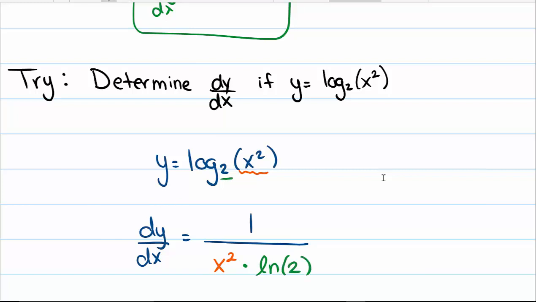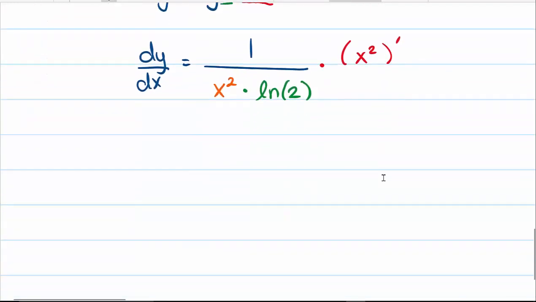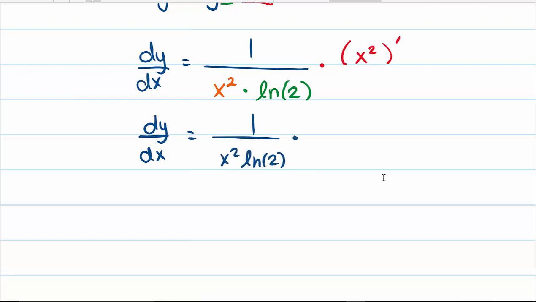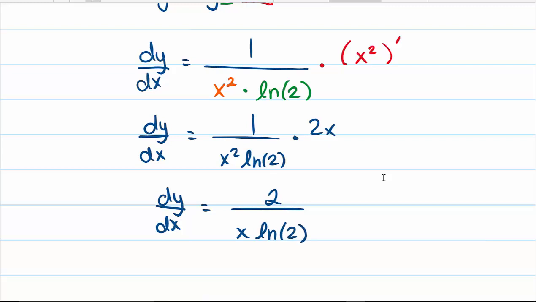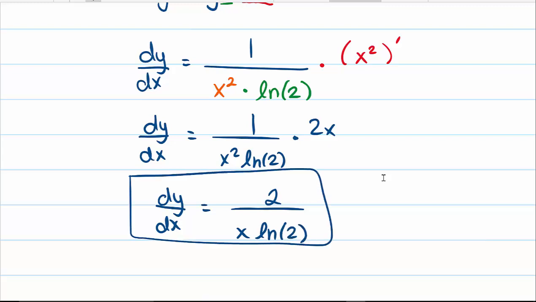But then we need to multiply it by the derivative of the inside piece. So we have to take the derivative of this. Well, that becomes a relatively easy problem. We're going to get 1 divided by x squared ln of 2 times 2x. So then dy dx is equal to 2 divided by x ln of 2. And that's it.